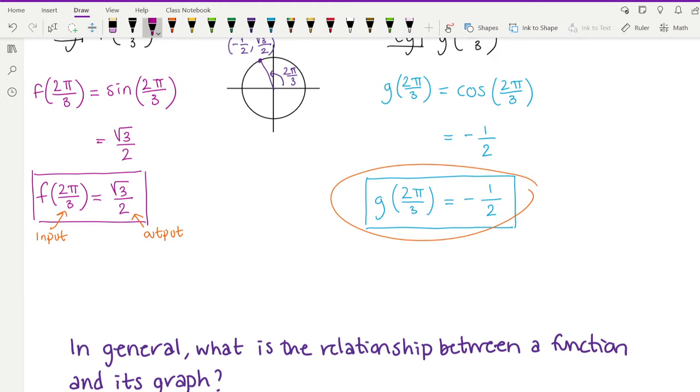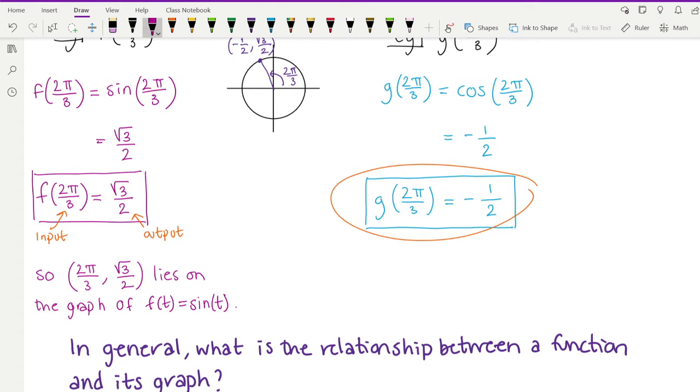And so this tells us that the point 2 pi over 3 comma square root of 3 over 2 lies on the graph of f of t is equal to sine of t. Right? Because that's just how functions work. You find the input and the output, that's your point.